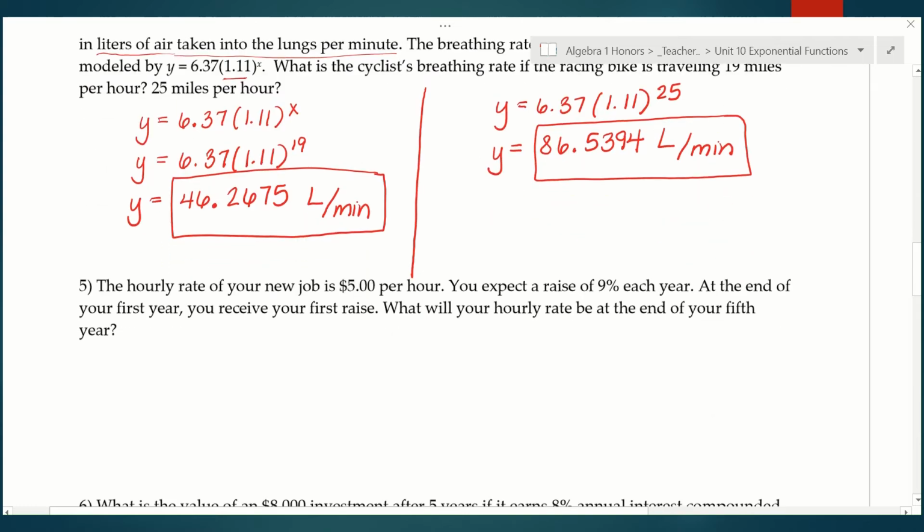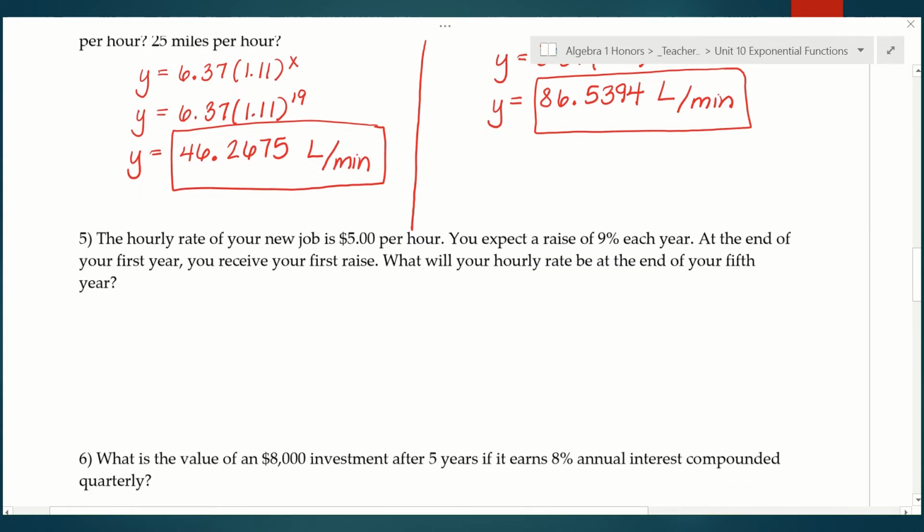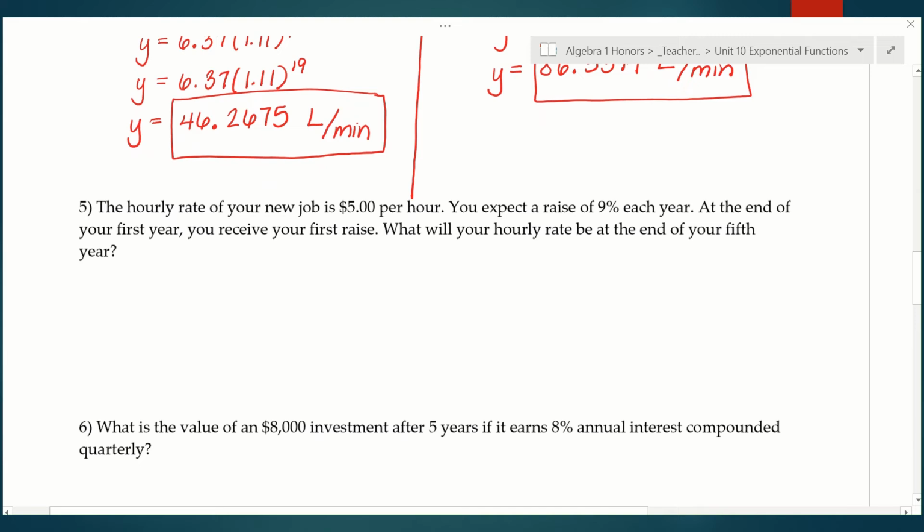All right, number 5. The hourly rate of your new job is $5 per hour. You expect a raise of 9% each year. At the end of your first year, you receive your first raise. What will your hourly rate be at the end of your 5th year? Okay, so this is exponential growth because we are getting a raise.